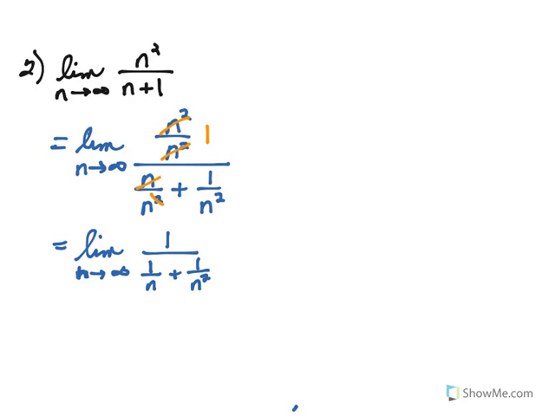So think again what happens to those little fractions in the denominator. As n gets bigger and bigger and bigger, each of those fractions gets smaller and smaller and smaller, essentially zeroing out. So what you really have is 1 over 0, which we know tells us the limit's not going to exist.